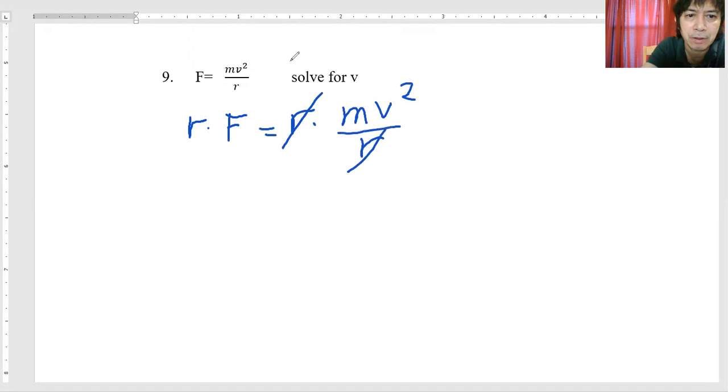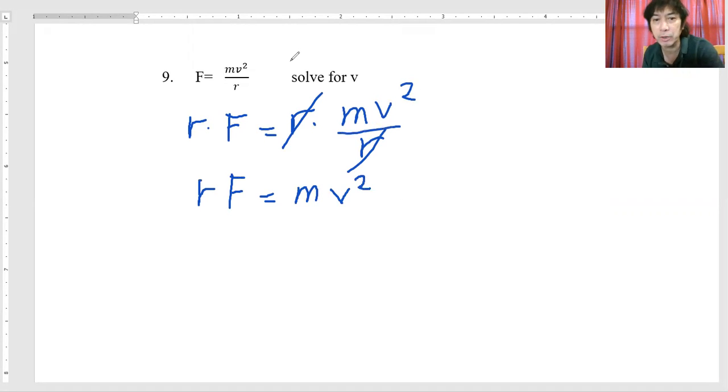You now have r times F is equal to mass times velocity squared. At least we were able to isolate the velocity. We're after the v here, so what is next is to move the m. Ask yourself, is it add, multiply, divide, subtract? That looks like divide, because they are being multiplied, they're together, m times v squared. So you're going to apply divide here.